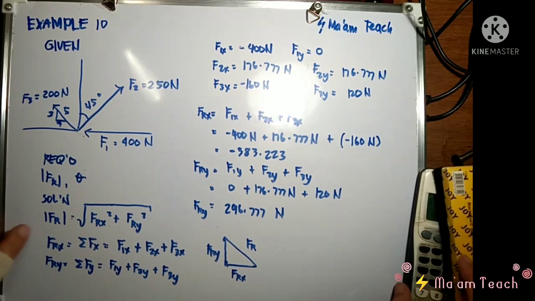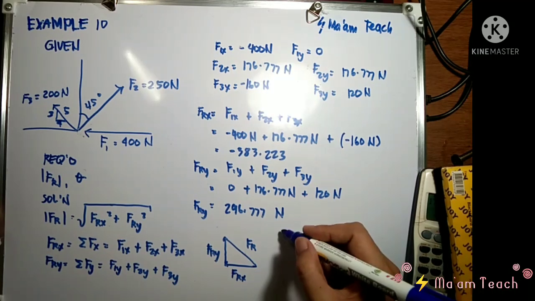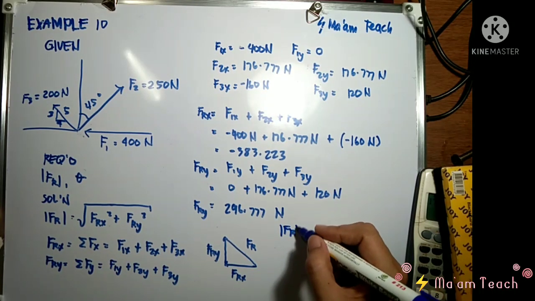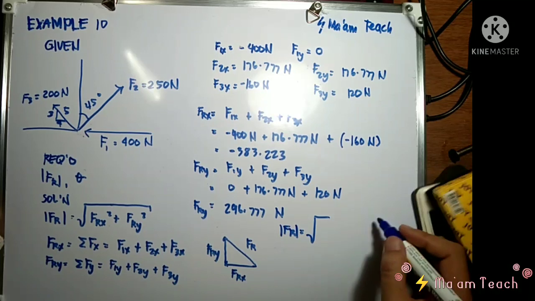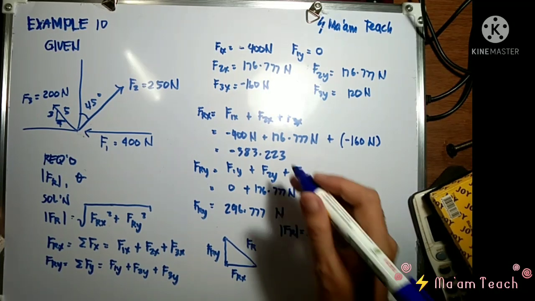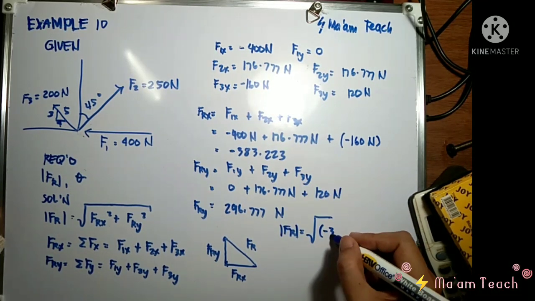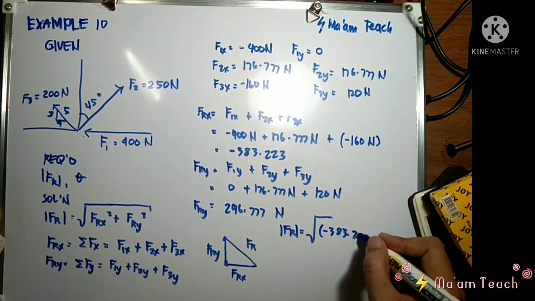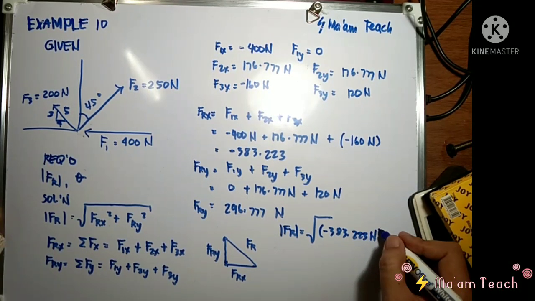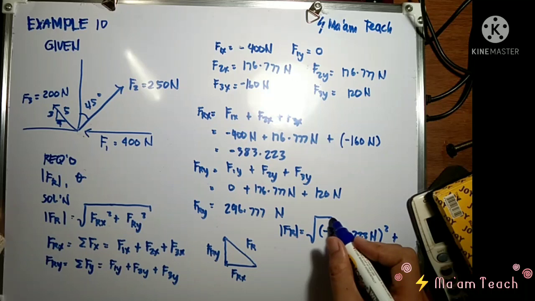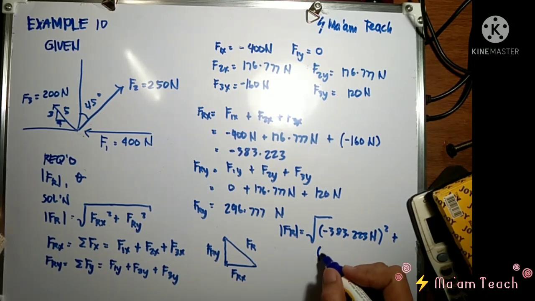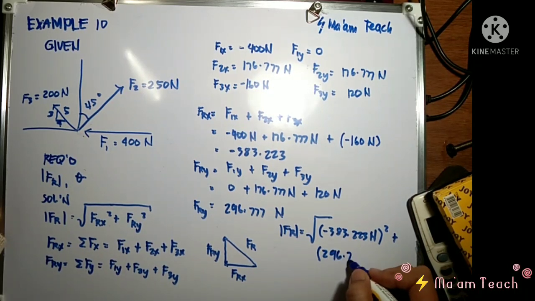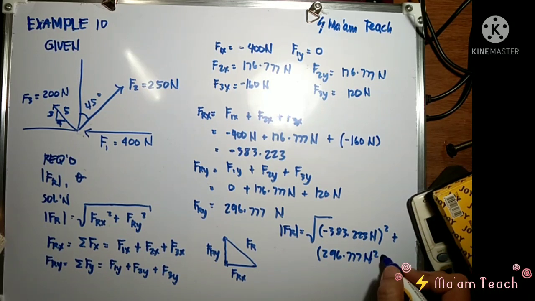Okay, so using the Pythagorean theorem here, F sub r is square root of the sum of the squares. So we have negative 383.223 Newton squared plus your 296.777 Newton squared.